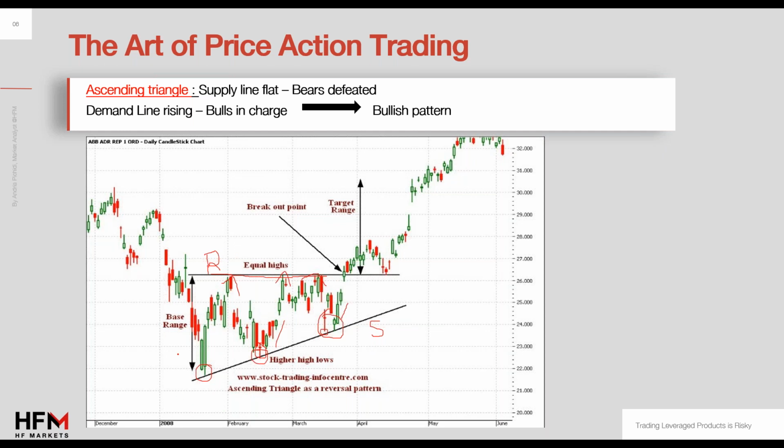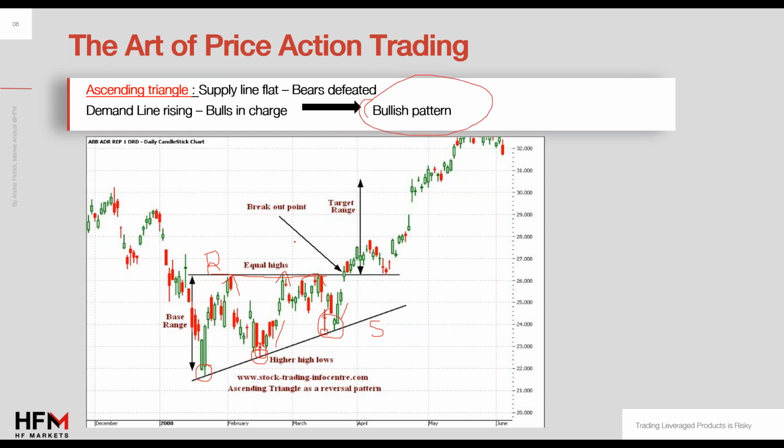So in an ascending triangle, the top line is our resistance because it's the supply line, and the supply line is flat. That means that bears are defeated. The demand line, which is this one, is rising, which means that bulls are in charge. So an ascending triangle tends to be a bullish pattern.